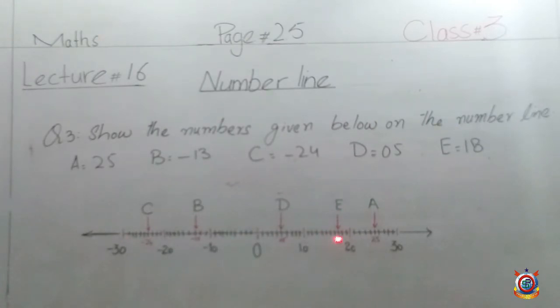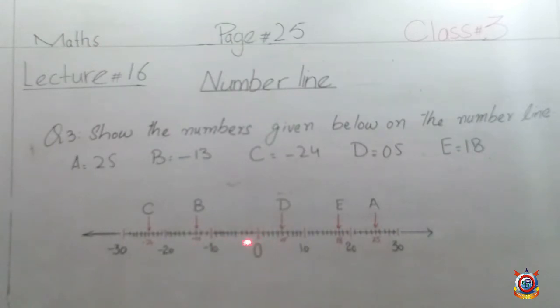E is on 18. Now 19, 20, 21, 22, 23, 24, 25. A is on 25. It means D, E, A are on positive numbers on the right side.